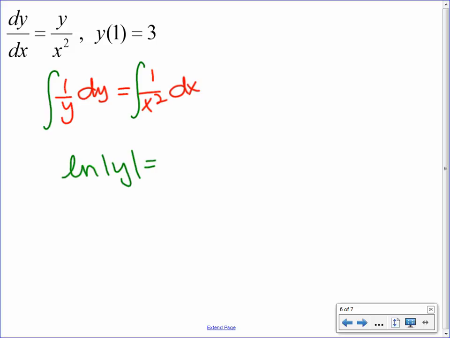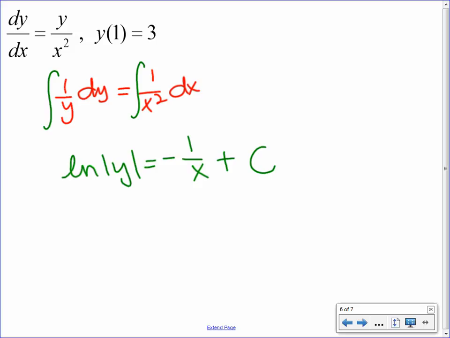What happens when we integrate? We do what with the power? You add 1 and divide by that power. Gotta be careful. Okay? And I only put plus c on one side. Everyone's okay with that, right?